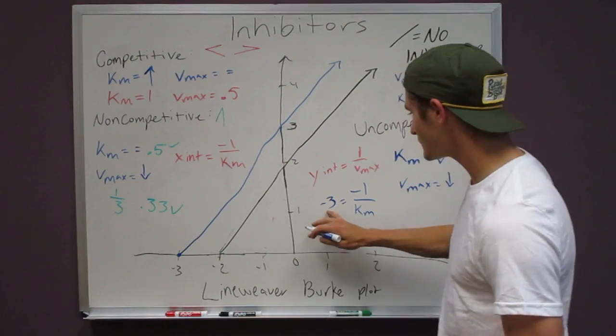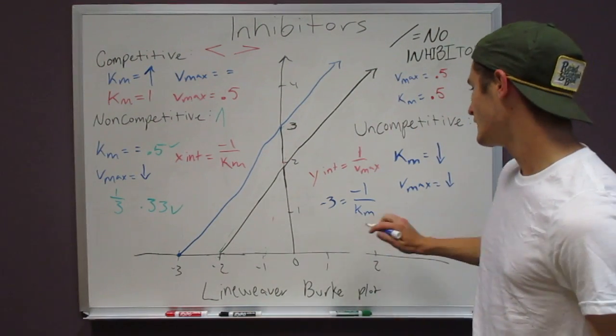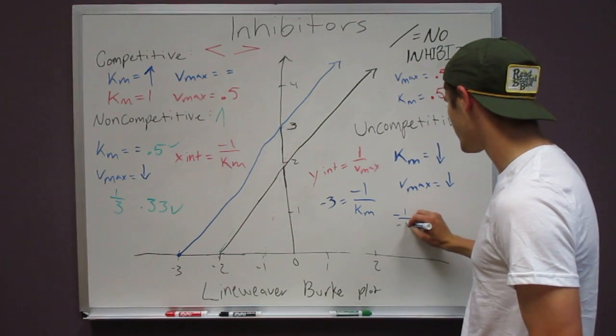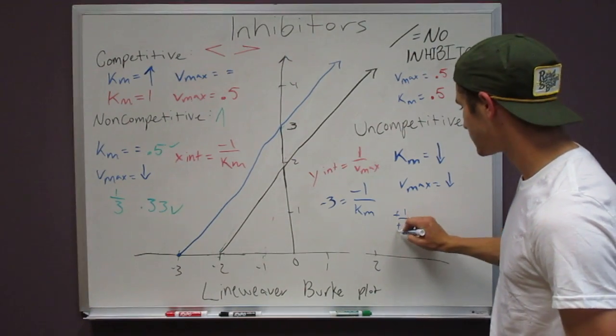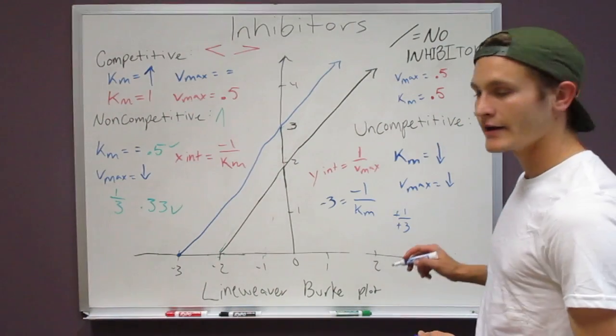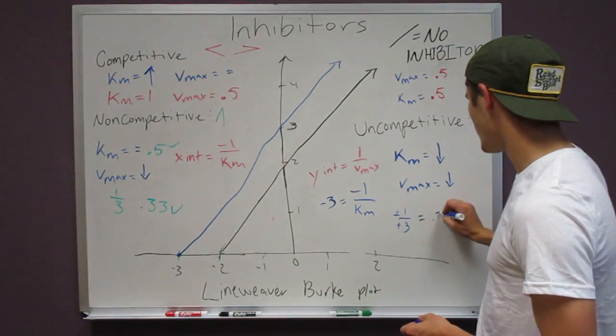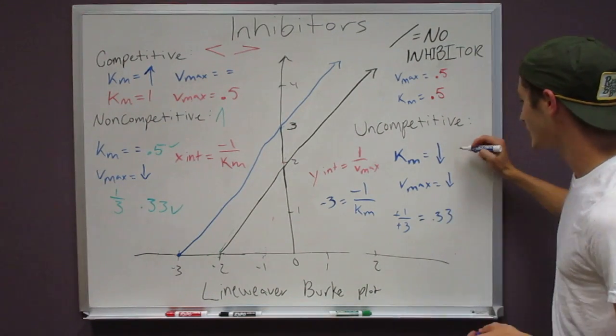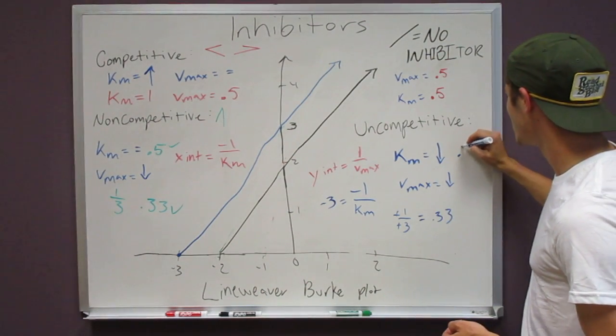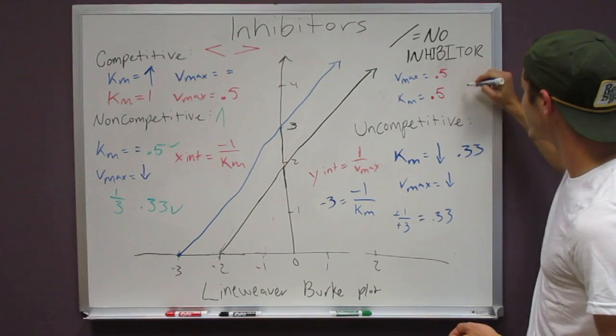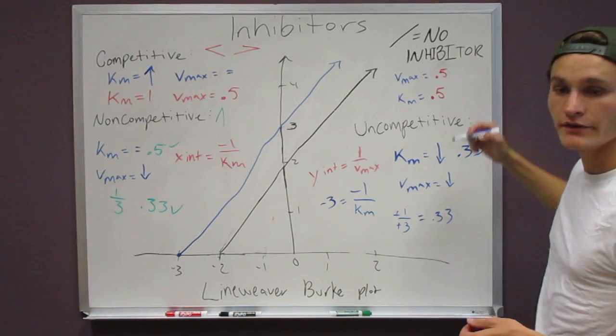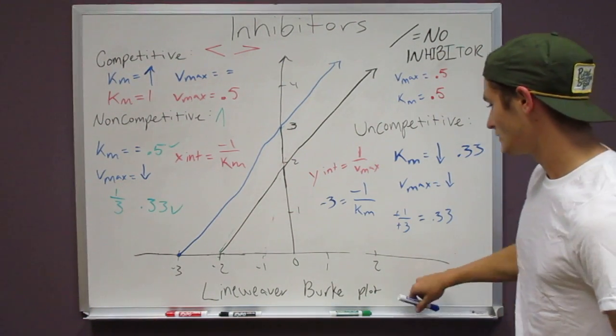Swap these around using algebra. It would be -1 over -3, and that would equal approximately 0.33. So Km would in fact be lower than the Km of the no inhibitor.